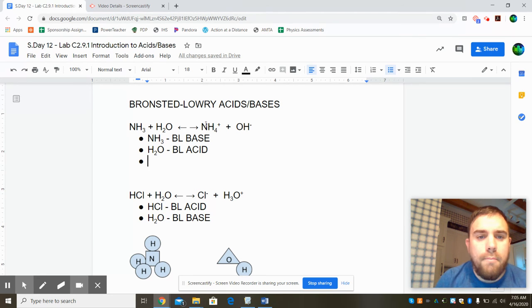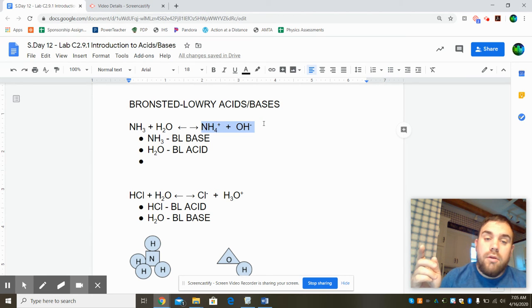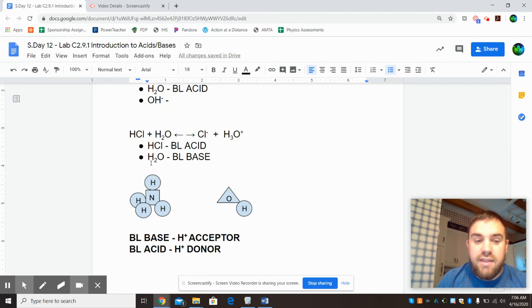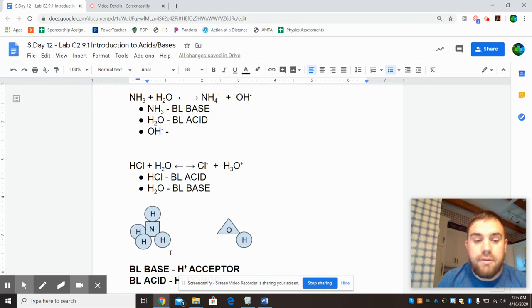So if I'm going from ammonium and hydroxide to water and ammonia, then the ammonium is going to have to give its hydrogen to the hydroxide to make water. So that means that the hydroxide is accepting a hydrogen. Because it's accepting, we know that's a base, because bases accept.